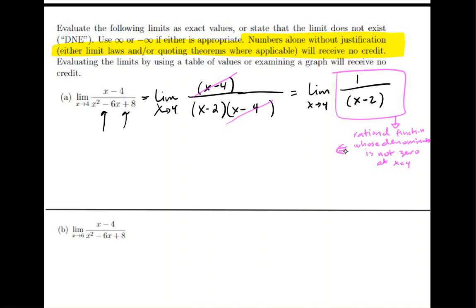This means it's continuous, which means we can use the substitution theorem. So we get that the limit as x goes to 4 of 1 over x minus 2 is the same as the value of the function at that point, which would be 1/2.